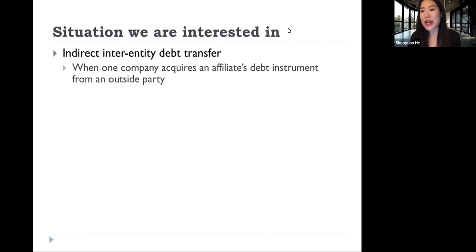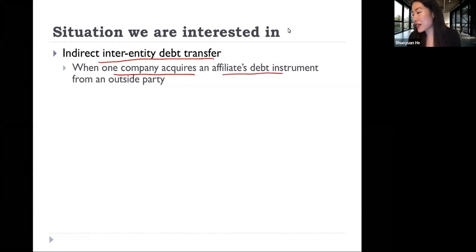talk conceptually about what is happening here when there's indirect intra-entity debt transfer. The indirect intra-entity debt transfer is basically, as I said, when one company acquires an affiliate's debt instrument from an outside party.